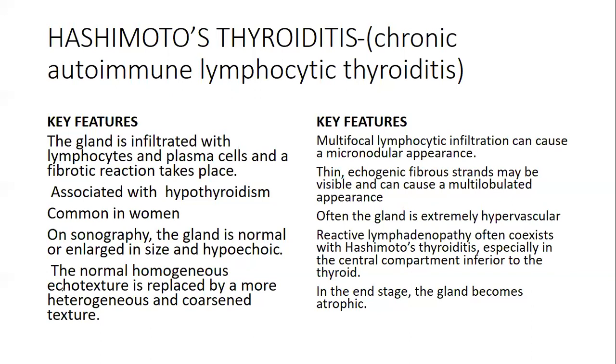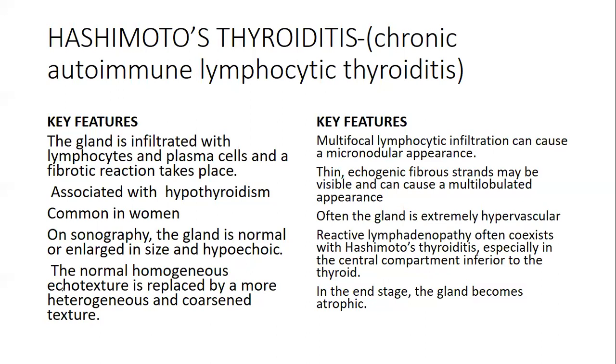Now, the multifocal lymphocytic infiltration can cause, like I was saying, a micronodular appearance. Thin echogenic fibrous strands may be visible and can cause a lobulated appearance. Often the gland is extremely hypervascular because of the pathologic changes that are happening resulting from the inflammatory changes or fibrotic reactions.